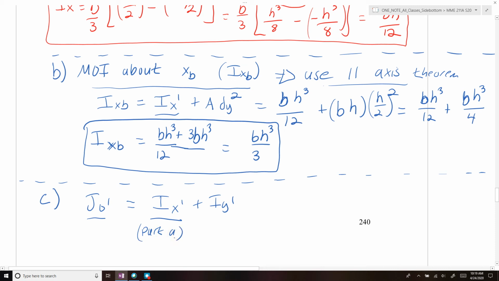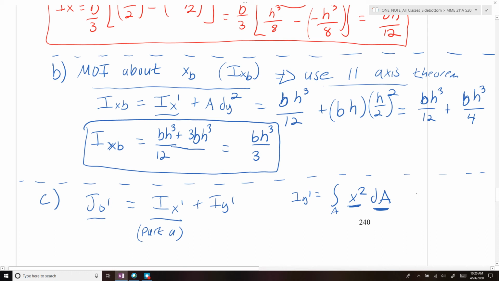To solve for Iy prime, we're going to draw another element. We know that Iy prime is equal to the integral of x squared times dA. So we want to put everything in terms of x, and write dA in terms of dx.